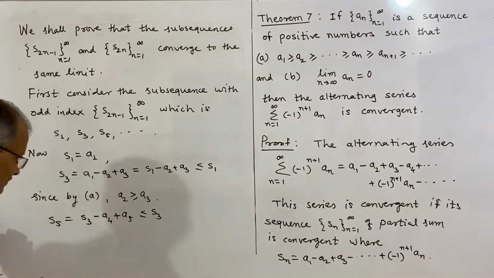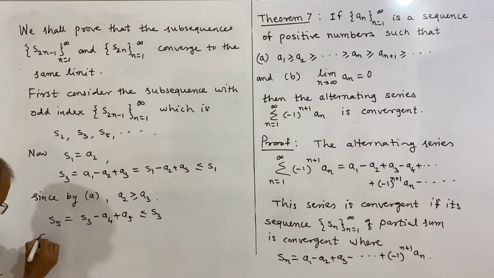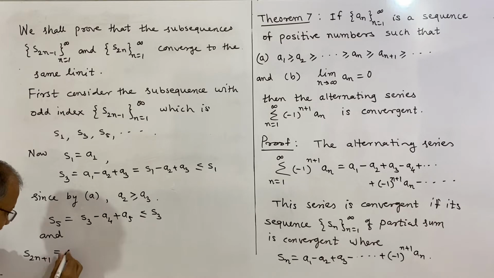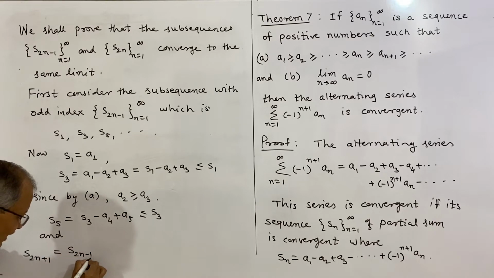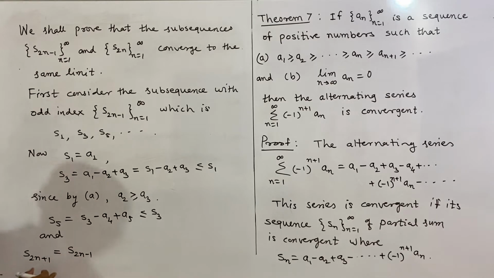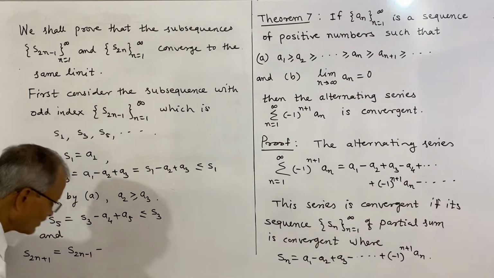And in general, we will consider S2n plus 1, and this can be written as the sum of first 2n minus 1 terms, and next is the 2nth term.